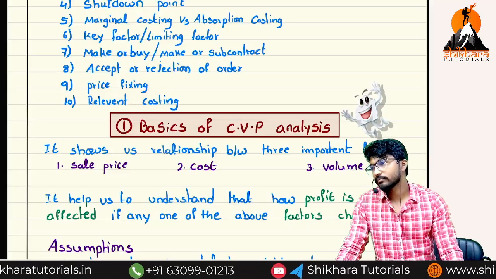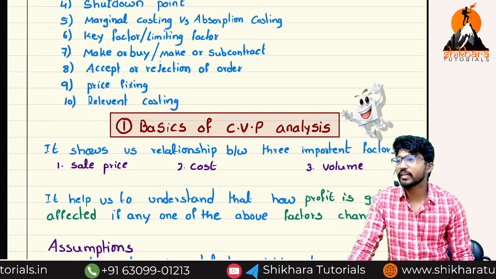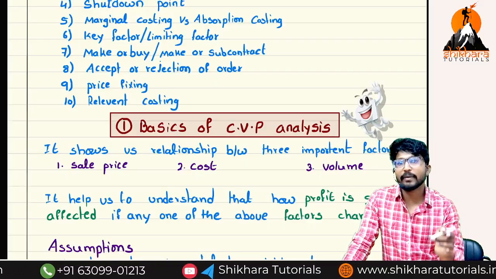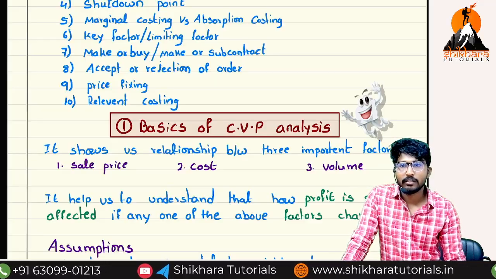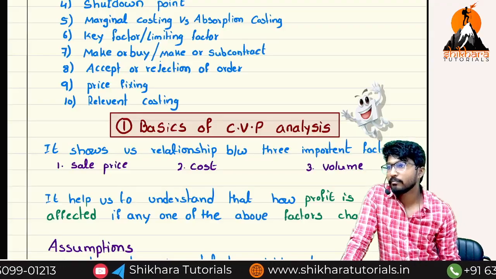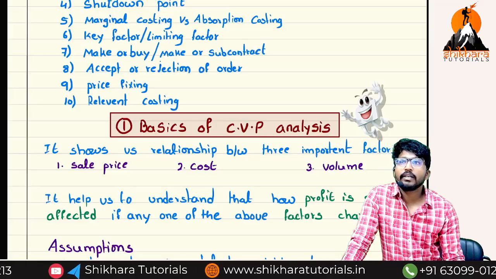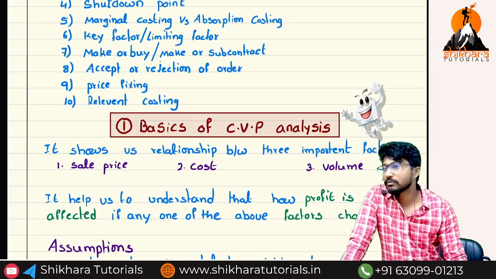Relevant costing. In your institute material, they didn't give any information regarding relevant costing, but in practical questions they have given some. They didn't give anything about relevant costing in the theory part, but when it comes to problems, I think in the 27th question they gave a relevant costing question.